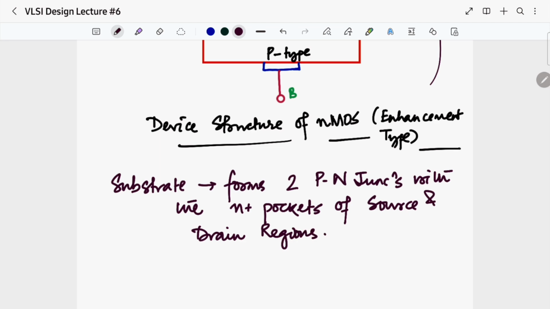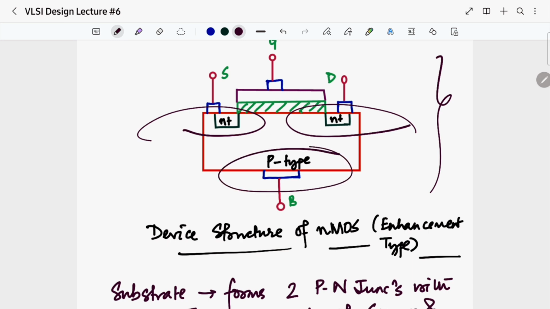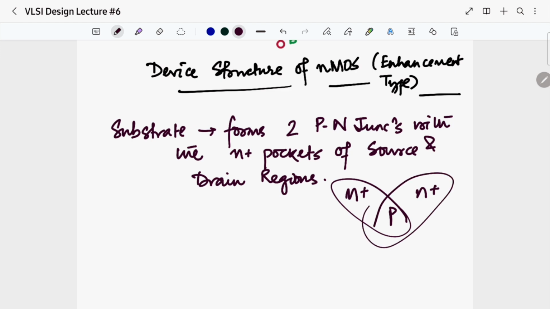This is our observation. Okay, so this is our source N plus region and this is our drain N plus region, and this is our substrate, and the three of them together will look like two PN junctions. How? This is one PN junction, this is another PN junction.